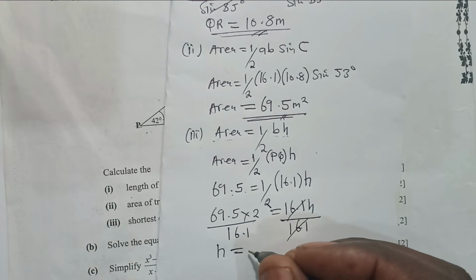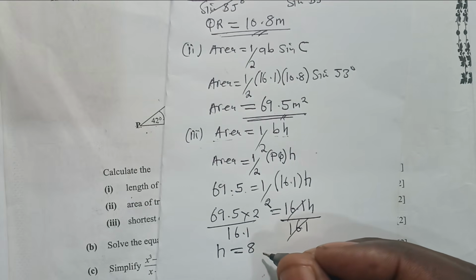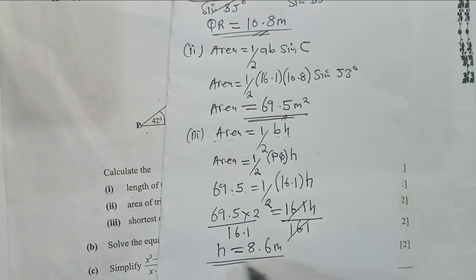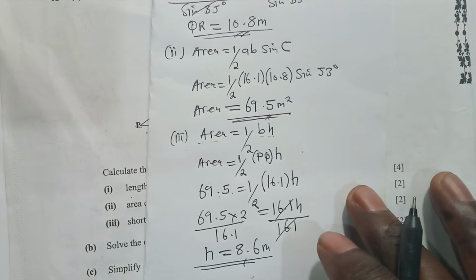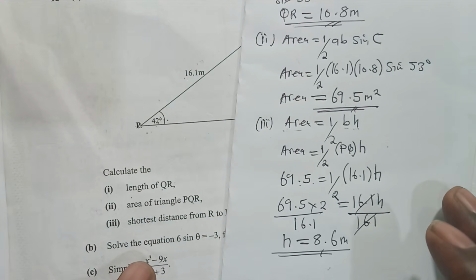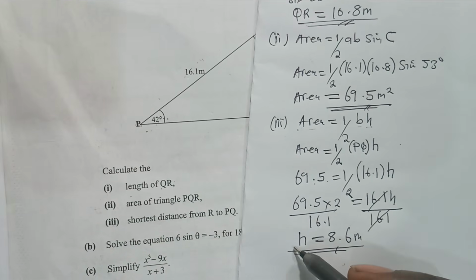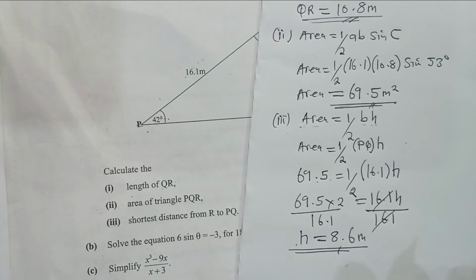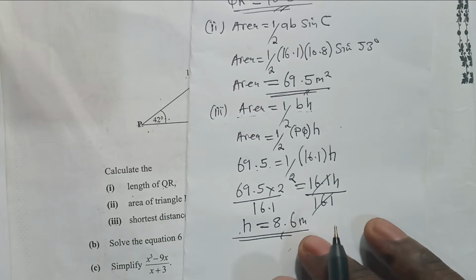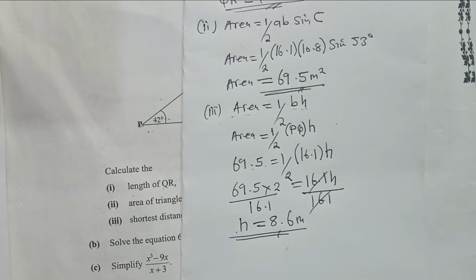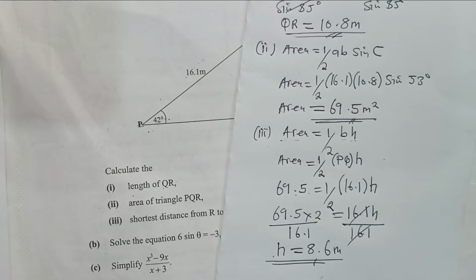Okay, so from my end, we are going to obtain 8.6 meters. So this is the shortest distance, which is referred to as the perpendicular height. And through the way we've calculated here, that is how it's supposed to be done.